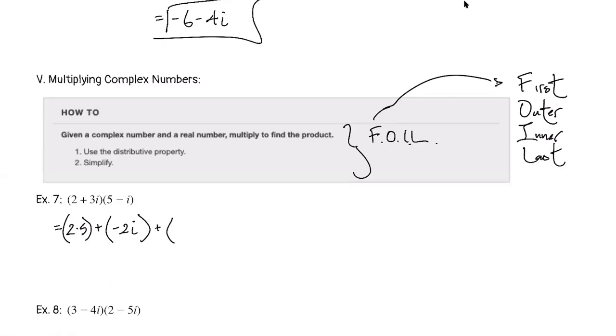What do I get when I multiply my inner terms? 15i, good. And then what do I get when I multiply my last terms?